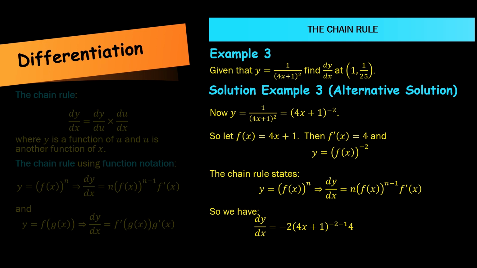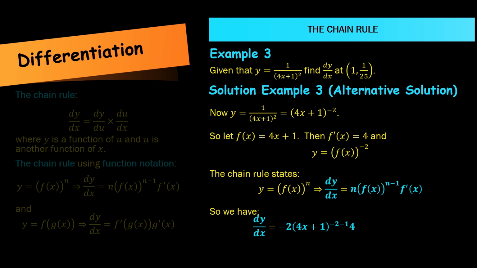We plug in n equals -2 here. We plug in f of x here as shown. And we plug in f dash of x equals 4 here. And so we have this expression for dy dx.